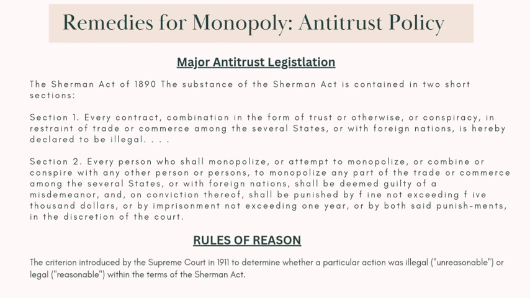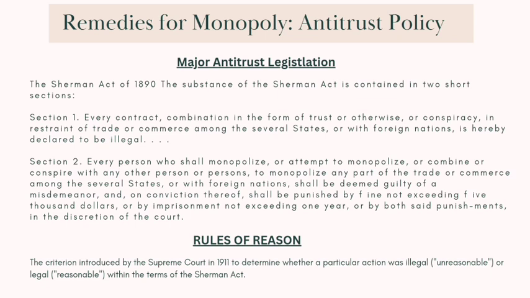Remedies for monopoly: antitrust policy and major antitrust legislation. The Sherman Act of 1890. The substance of the Sherman Act is contained in two short sections. Section 1: Every contract, combination in the form of trust or otherwise, or conspiracy in restraint of trade or commerce among the several states or with foreign nations is hereby declared to be illegal.